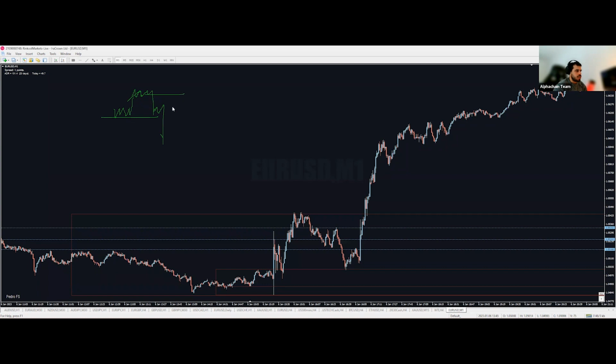If this level is not touched, most likely it's going to be touched in the future. If this level is touched, most likely now the new zone is going to be here, right? And so on and so forth. And this is where usually you can start analyzing from all the way through the lows, and you can start moving upwards, following the demand zones that are created.